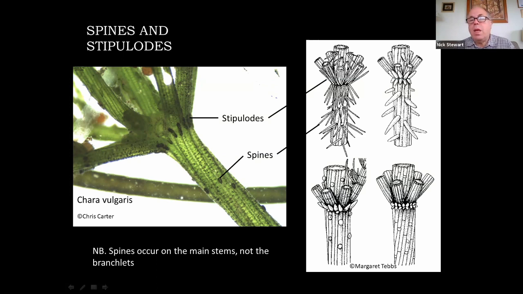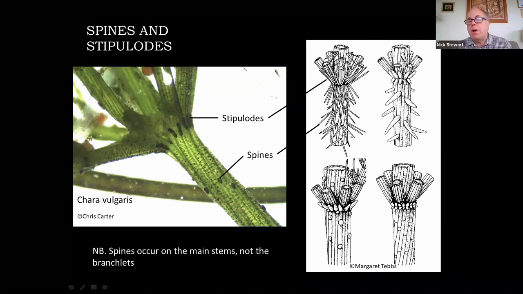Secondly, you're looking at whether, if they are developed, they're sharply pointed or blunt, and thirdly, whether they're in groups, often 3 or 4, or coming out singly. And that will take you a long way towards identifying the species.